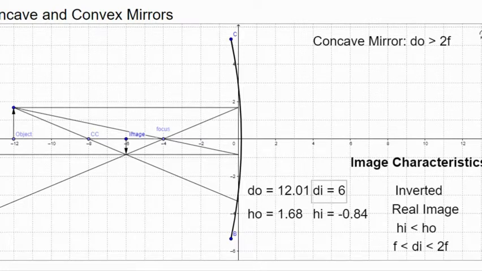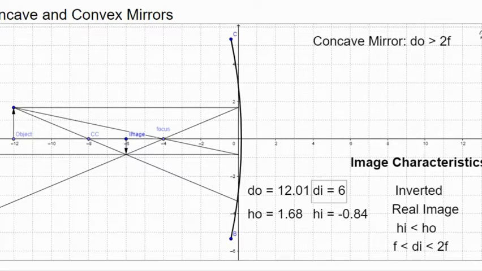Now, what I would like you to do is use the mirror equation to solve that. Take the mirror equation, 1/f = 1/do + 1/di, plug in 12 for do, plug in 6 for di, and see if you get 4 for the focal length. You should, right?